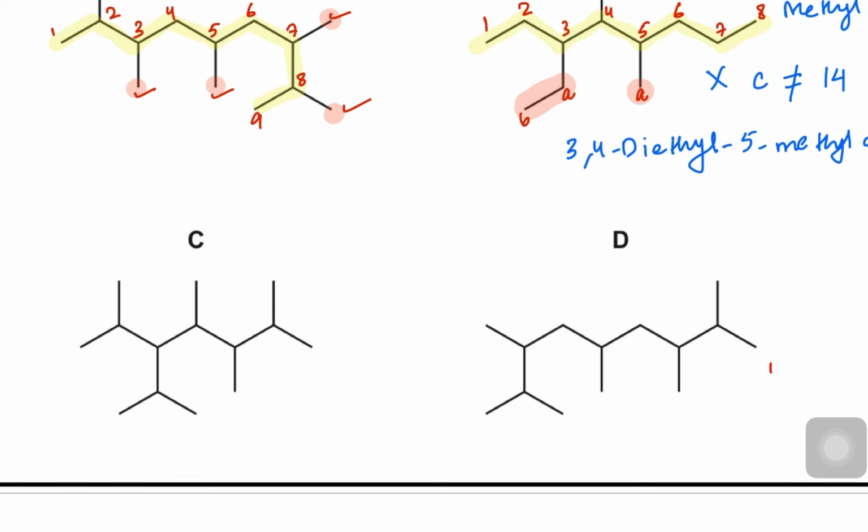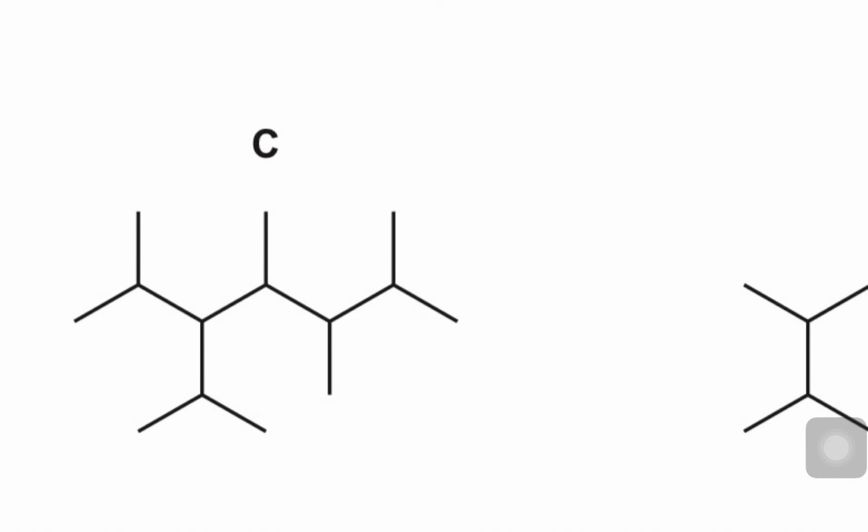Let's go for structure C. You can find your longest chain starting from the left. This is your longest chain. You can see a branch, another branch, 2 more branches, and this 1 more branch. Now, the naming of this structure would be a little difficult because this is a 3 carbon branch.